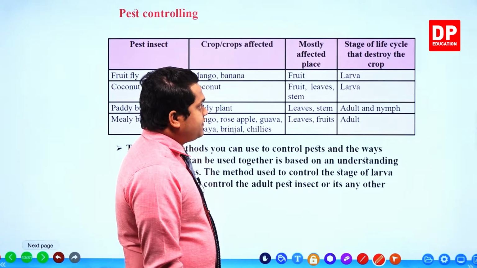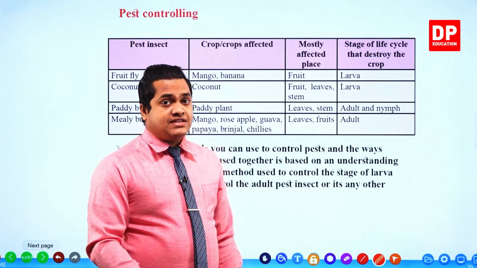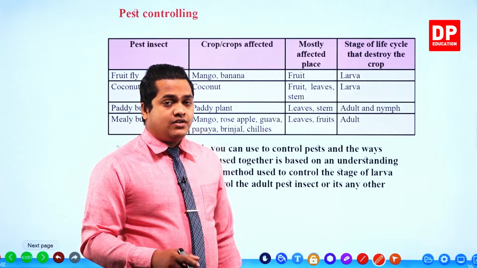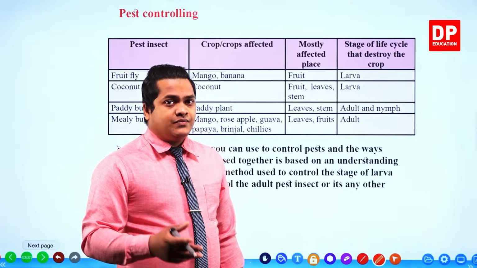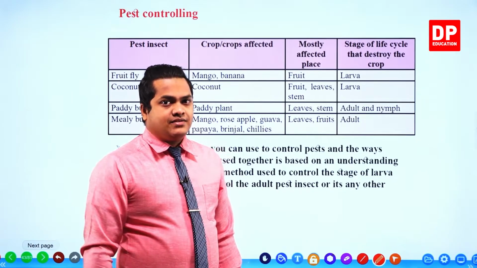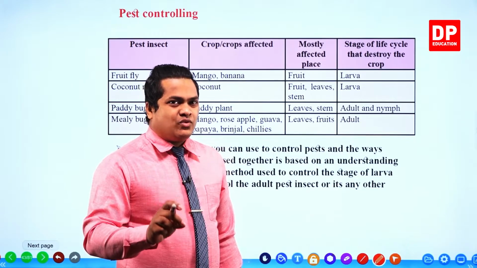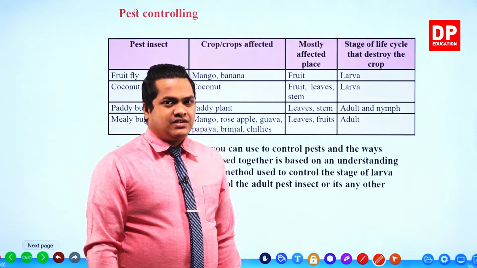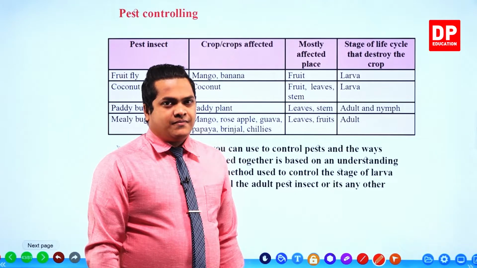The stage of the life cycle that destroys the crop is the larval stage, because the larva, the maggot, a worm-like maggot, is the one that eats the fruit. So it's going to destroy the fruit.